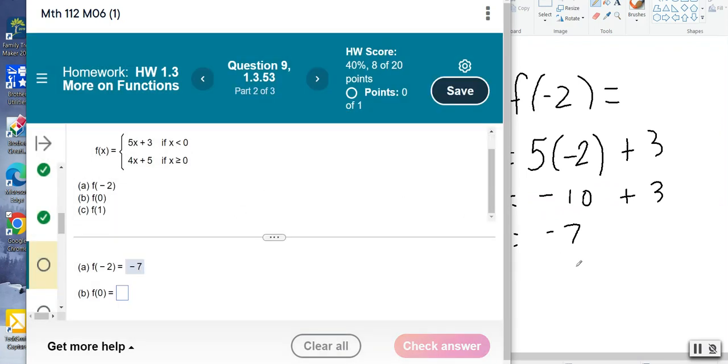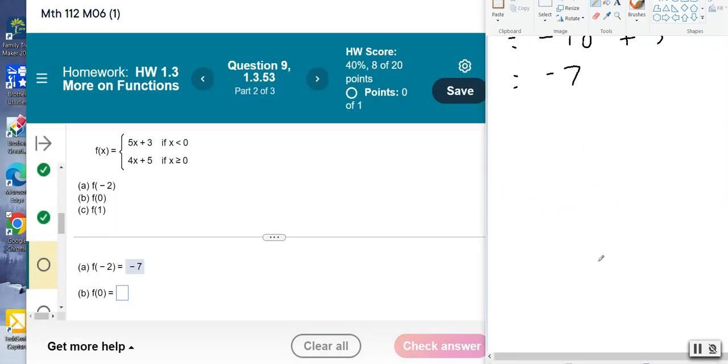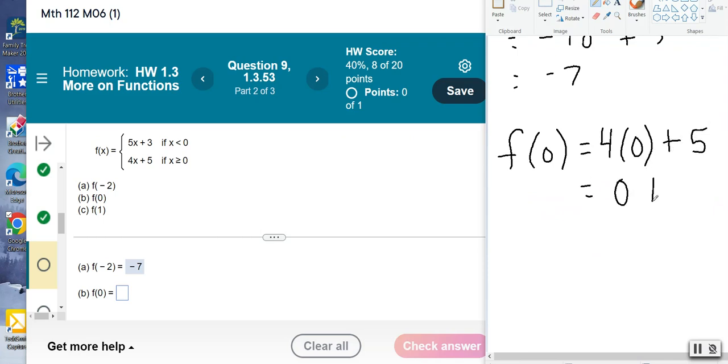Then they asked me for f of 0. F of 0, I look at the pieces. 0 is included in the bottom piece, so that would be 4 times 0 plus 5. 0 plus 5 is 5.